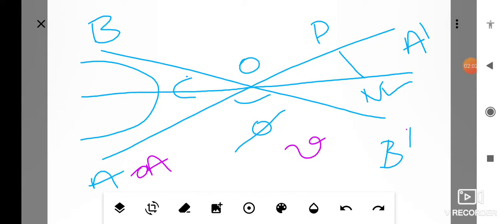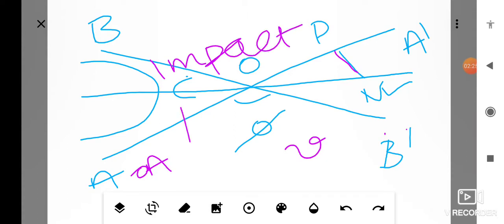Here you can draw the perpendicular PN with respect to OA dash. Here PN represents the scattering parameter b, which is also known as the impact parameter.